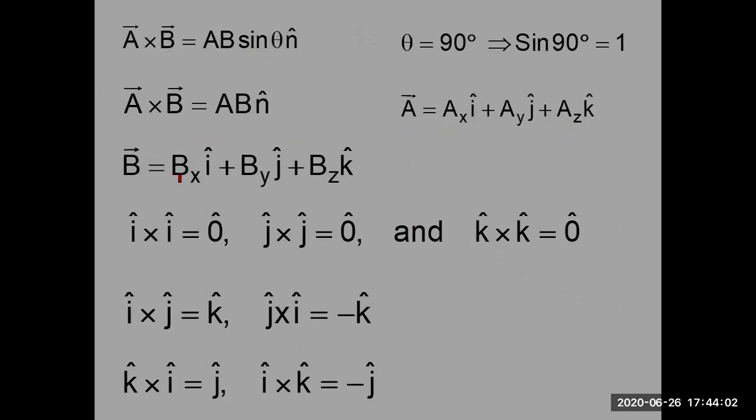So here are some examples to understand I, J, K with the product. If you are multiplying any two of the three vectors, you will get the remaining one.